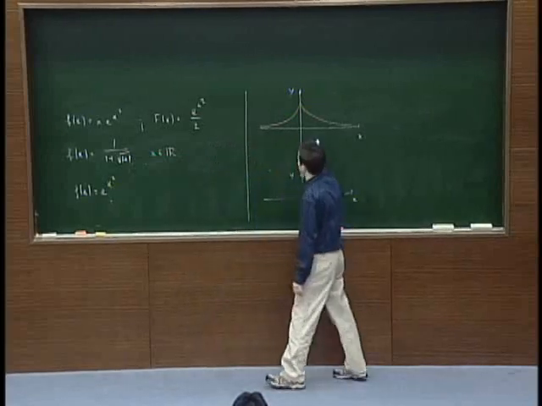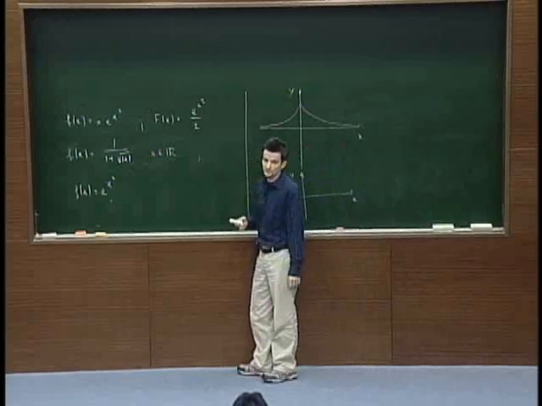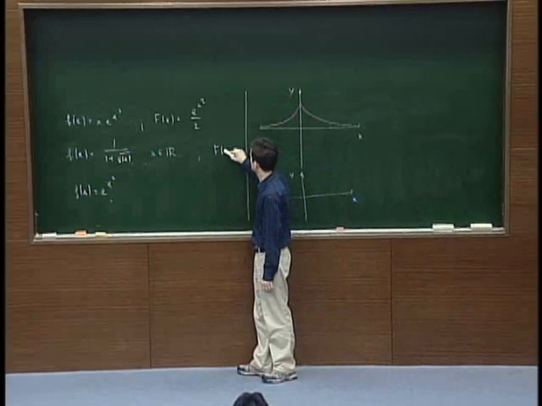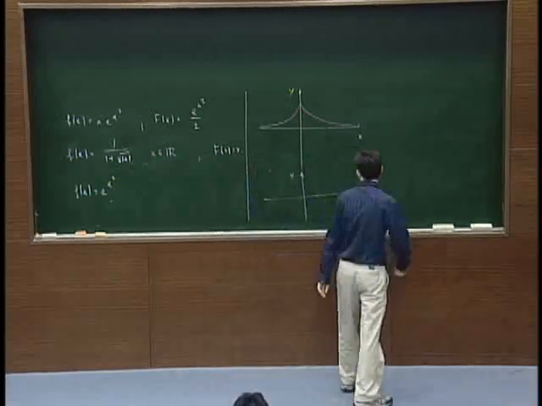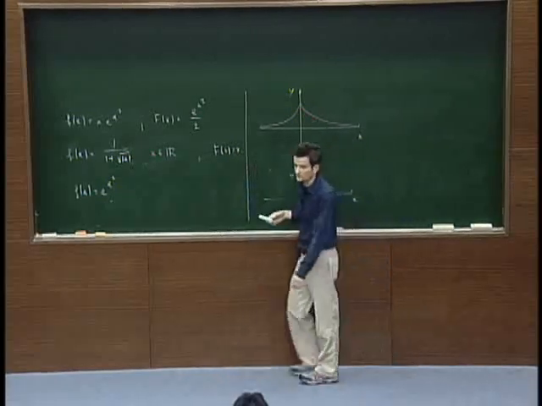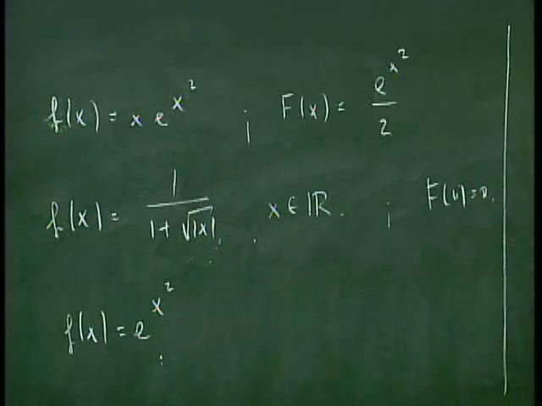So if we want to find the antiderivative, we have to give one condition. For instance, let's say we are interested in the antiderivative which at 0 is equal to 0. And now from the graph, this of course is indeed possible. So we know that we have the original function, this is our f of x, and we want to find the antiderivative.